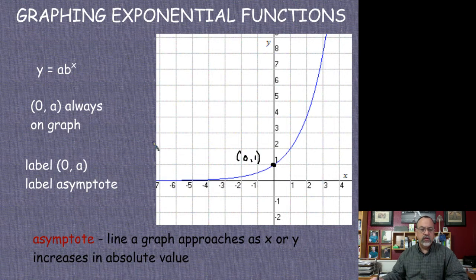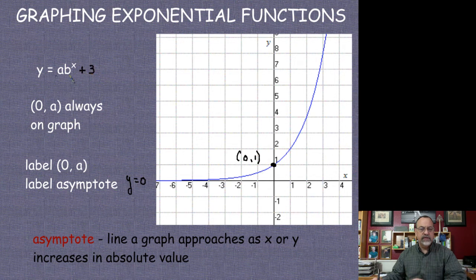The second thing that you'll want to label is the asymptote. And the asymptote is the horizontal line y equals 0, or in this case, the x-axis. The only thing that's going to move that horizontal asymptote is if we have a vertical shift up or down of the function. And you remember that will show up out here.